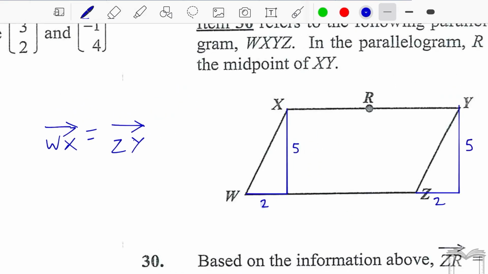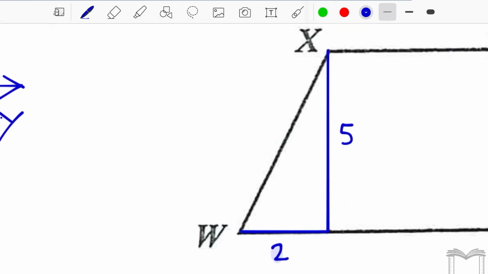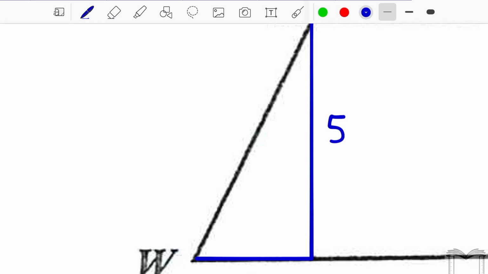However, vector WX is not equal to vector YZ. It must be going the same direction. So let's say we call this vector a, going in this direction.